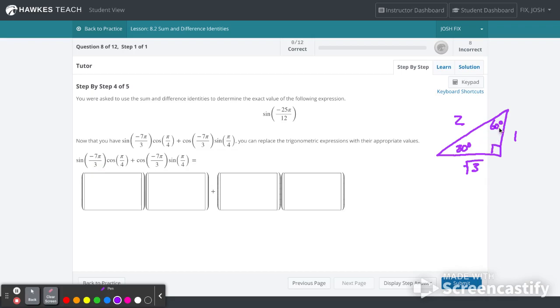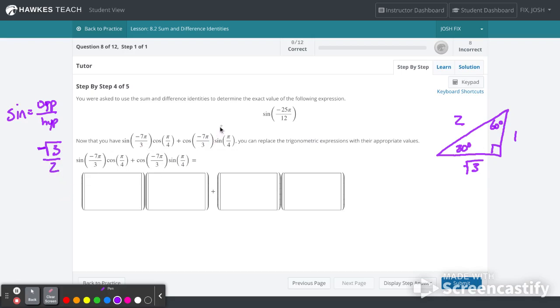And so we go from 60 degrees. Remember, sine is equal to opposite over hypotenuse. And so that means that sine, that would be the square root of 3 over 2.